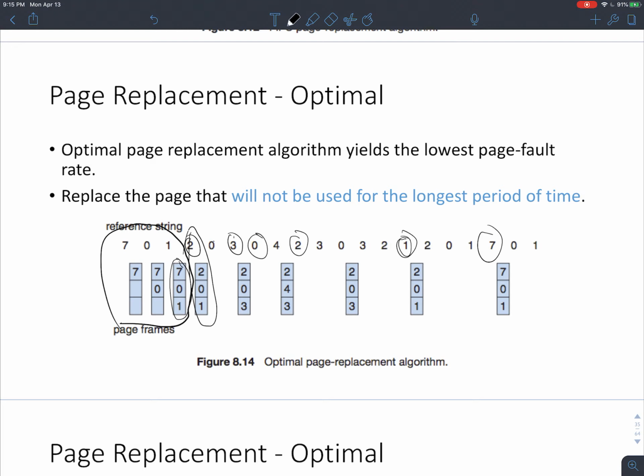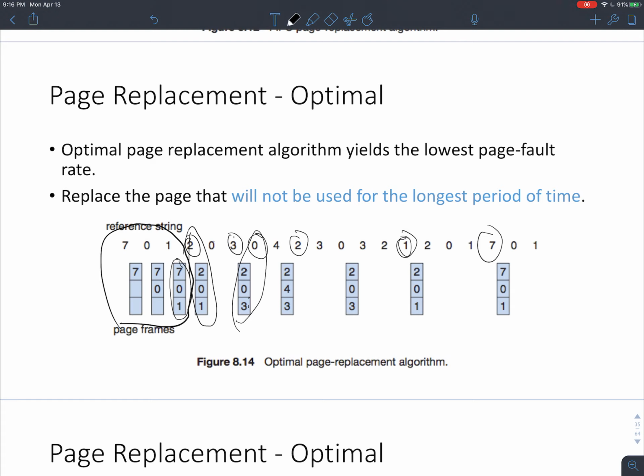Then we want to refer to page 0. 0 is already in memory, it's fine. Then we want to refer to page 4. Unfortunately page 4 is not in memory.